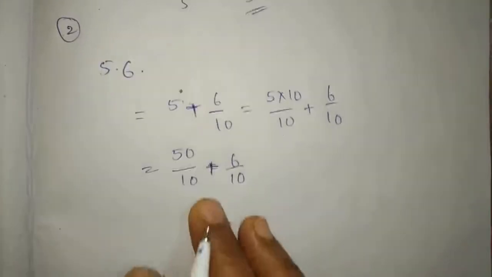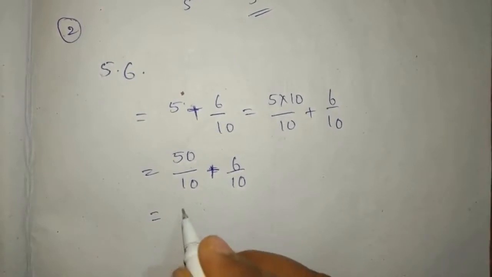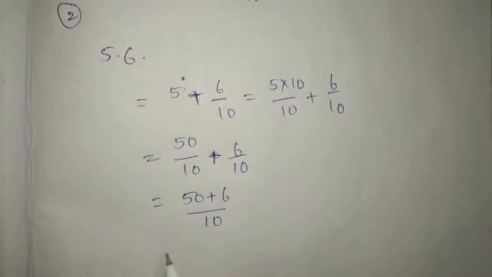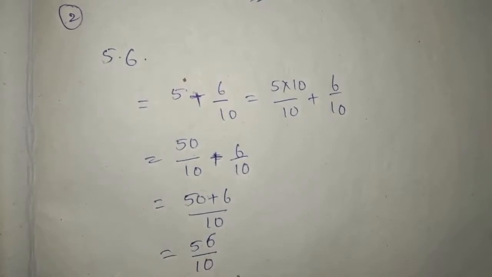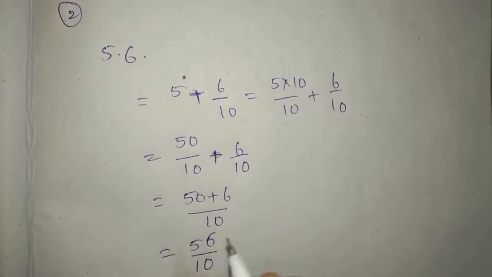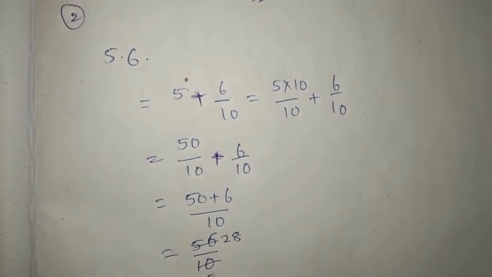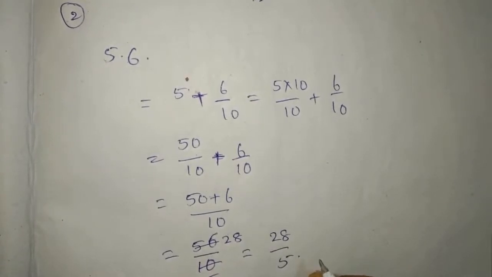Here the denominators are equal, so simply we add the numerators keeping the same denominator. That is 50 plus 6 by 10, equal to 56 by 10. If you write the simplest form of this, 2 twenty-eights are 56, 2 fives are 10, that is equal to 28 by 5.